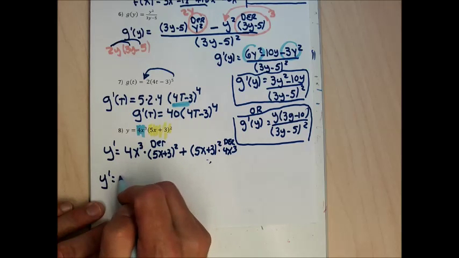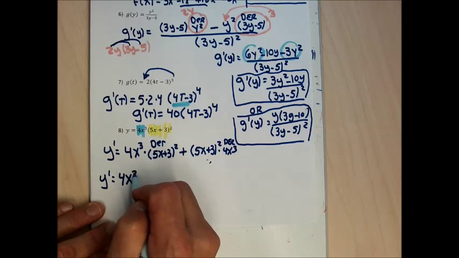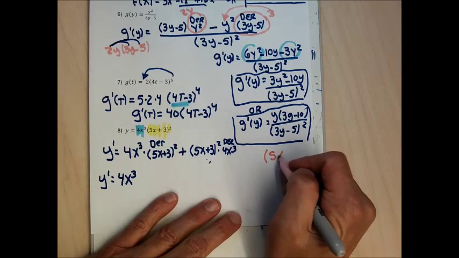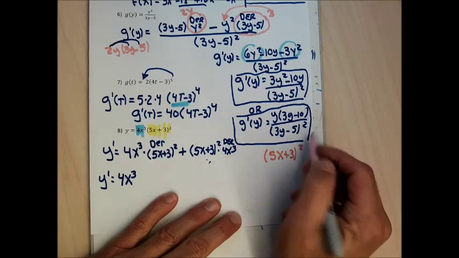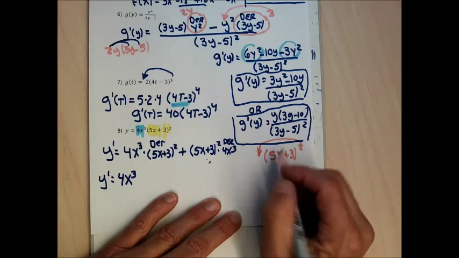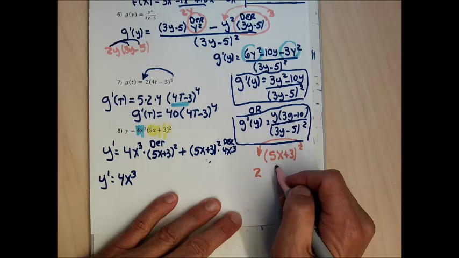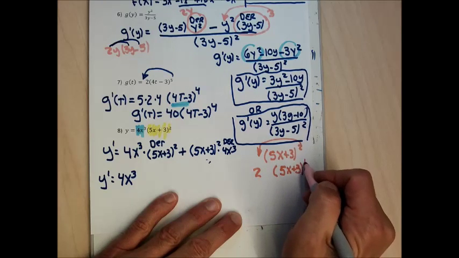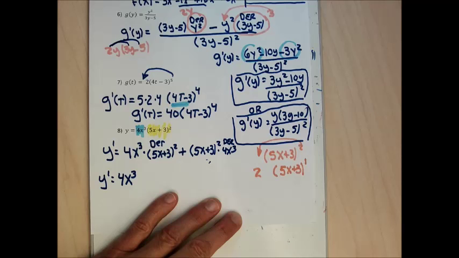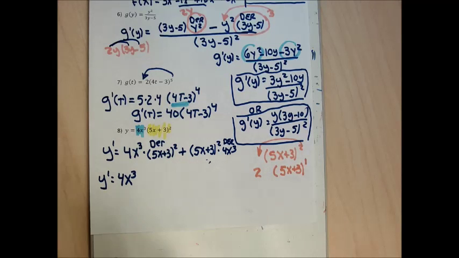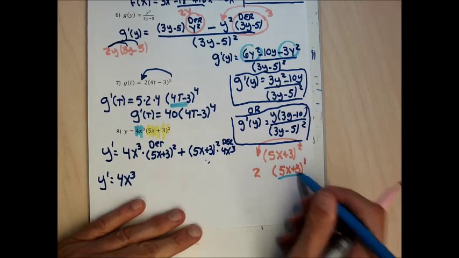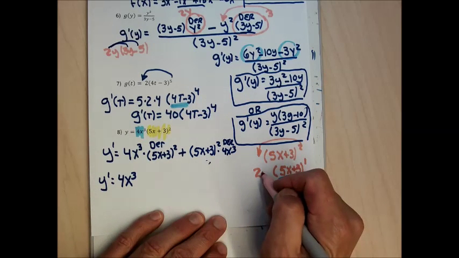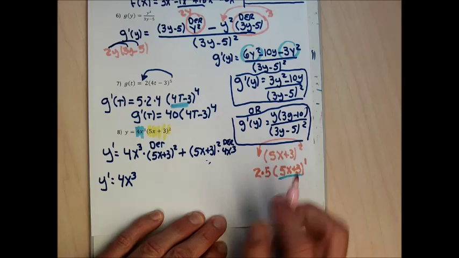Y prime equals, and for this first piece, I'm going to leave the 4x cubed, and when I go to do the derivative of the 5x plus 3 squared, I'm going to bring the 2 out in front of the parentheses. I'm going to leave myself some room. I'm going to bring the exponent down to 1. And where I left some room, I'm going to multiply by the derivative of the two pieces inside the parentheses. The derivative of the 5x inside the parentheses is 5 because the derivative of any first power term is its coefficient.